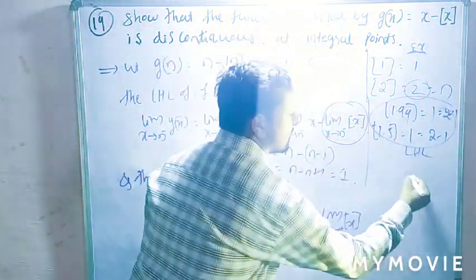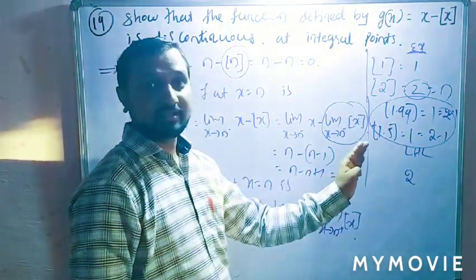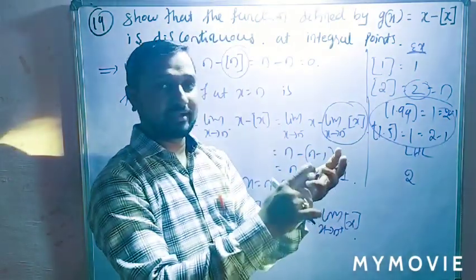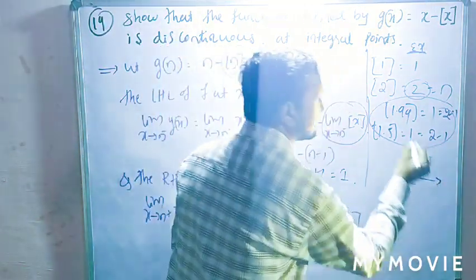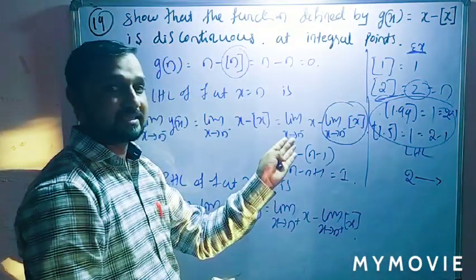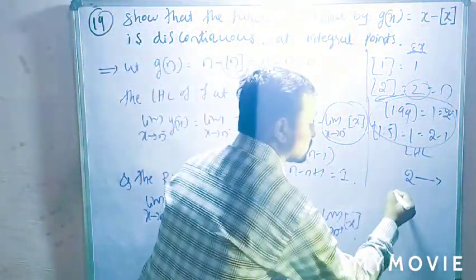For the right hand limit I can take 2 or any one function. The right hand limit is the right side value of 2, that is 2.1, 2.2, 2.3 up to 2.9. This is the right hand side value, and the other is the left hand side value, the LHL. Here the greatest integer of 2 should be 2.